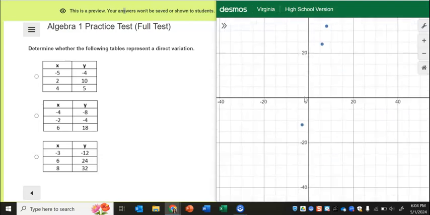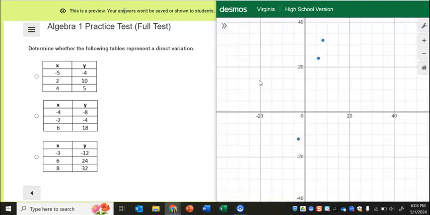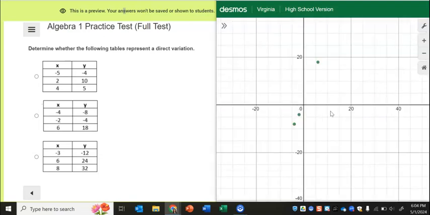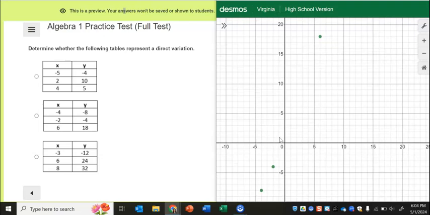And left 1, 2, 3, 4, and then this one didn't match. So I don't think it's this one. I believe it is going to be this one right here. Let's check. So that's up 1, 2, 3, 4 over 2. We just have to make sure it goes up there. 1, 2, 3, 4 over 2.